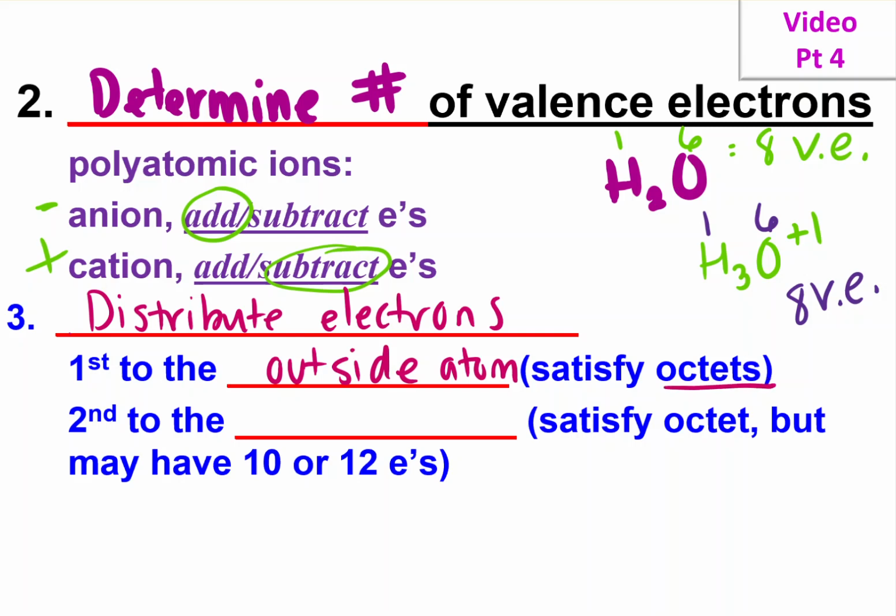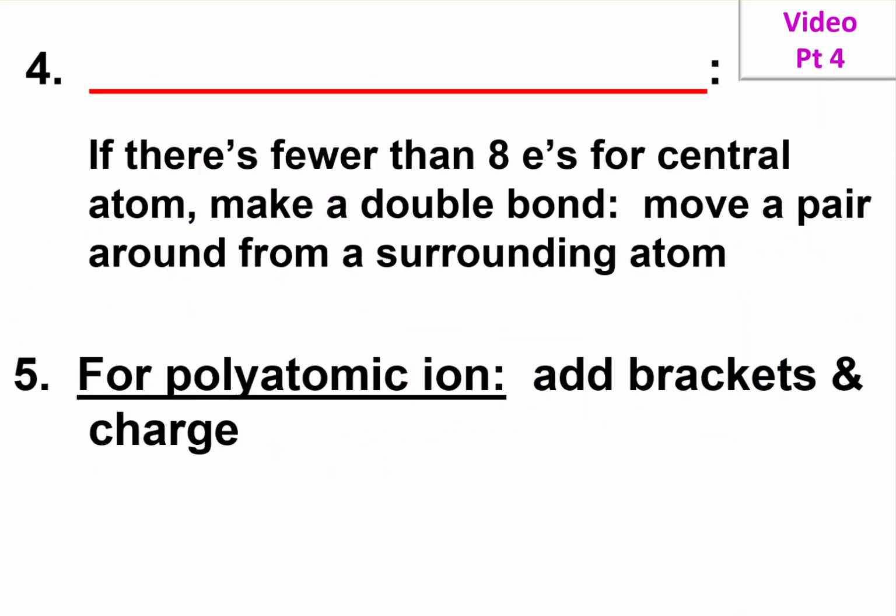Remember that hydrogen just needs 2 electrons, but everything else will go to 8. And then if you have any electrons left over, they go to the central atom. If you have extras, they'll go on the central atom, even if it goes beyond the octet. We will see that sometimes you break that octet rule.